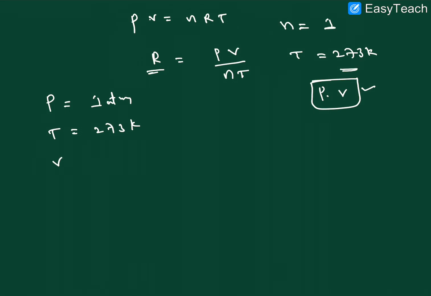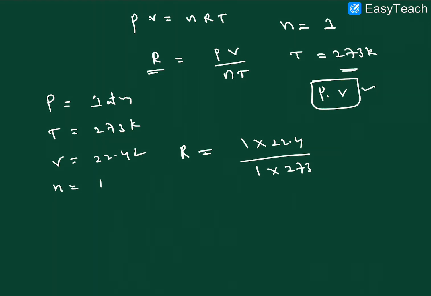Substitute these values. R is equal to, what is the pressure they are giving here? 76 into 13.67 into 981 dyne per centimeter square, and into the volume they are giving here, 22,400 ml, right?